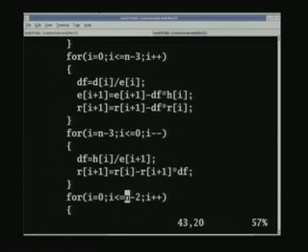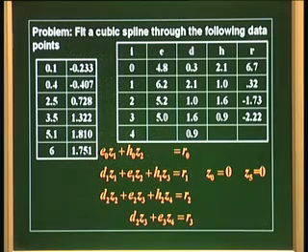Then I can back substitute once I have eliminated all the D's. So I should actually write this: this is D3. I have to eliminate D1, D2, and D3. There is a small mistake here. This should be D3. If I eliminate all these rows, I have a simple equation here, and from this I can solve for Z4.